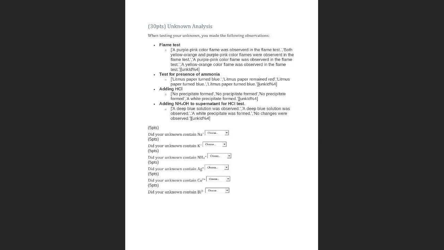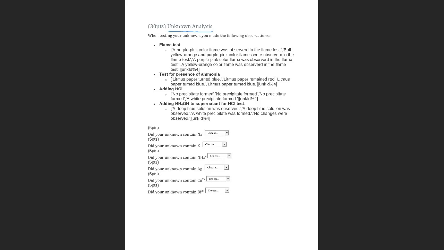So let's look at this one, and you will have to say which one is your unknown. Your unknown will have only 3. Only 3. Each example is different. So this is your unknown, and it says a purple pink color flame was observed in the flame test.